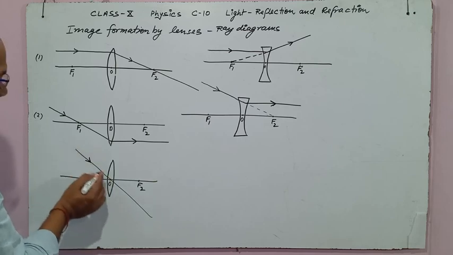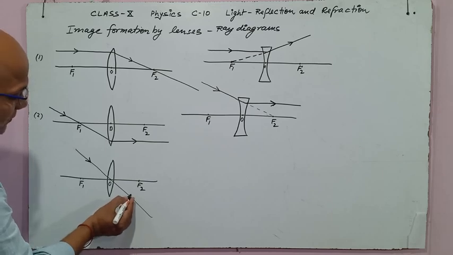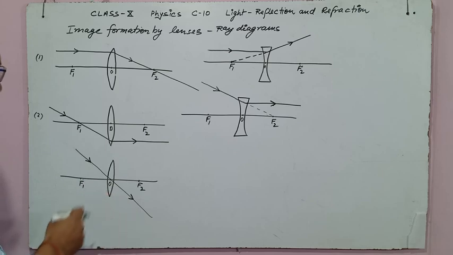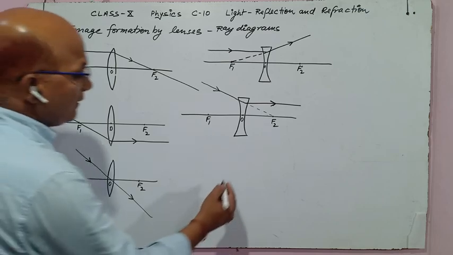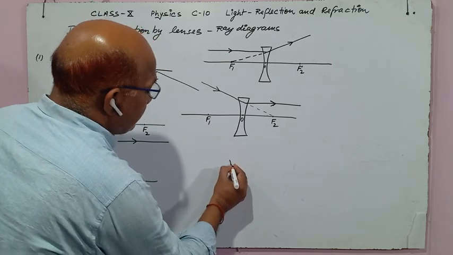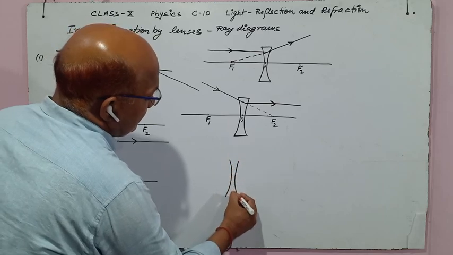So if a ray of light passes through optical center, it passes without deviation. So it passes straight without any deviation in case of convex lens. The same will happen in case of concave lens also.